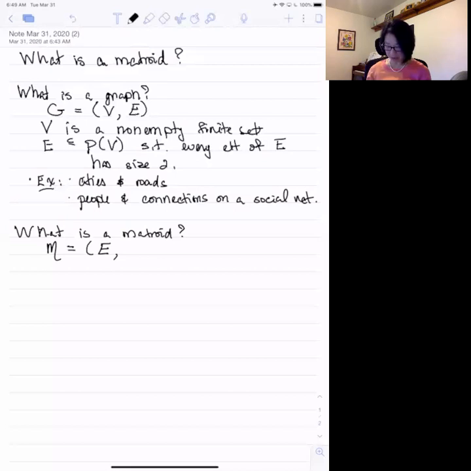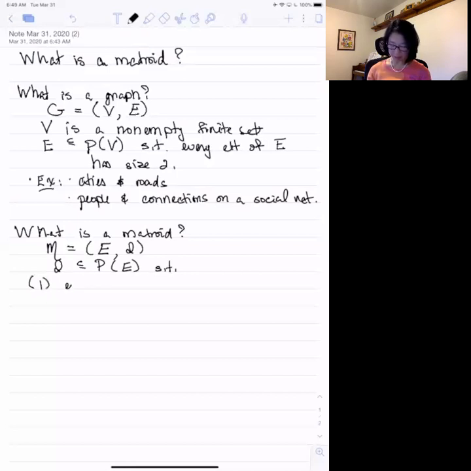The first way we're going to talk about is a set script I, where I is a subset of the power set of E such that it satisfies 2 properties.